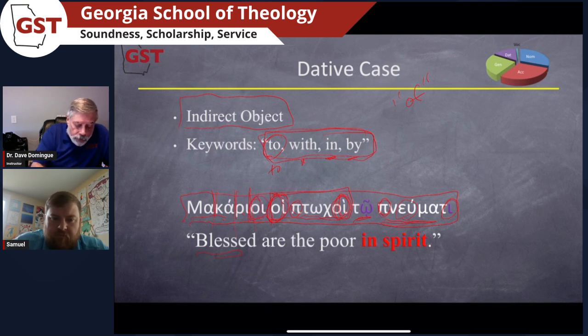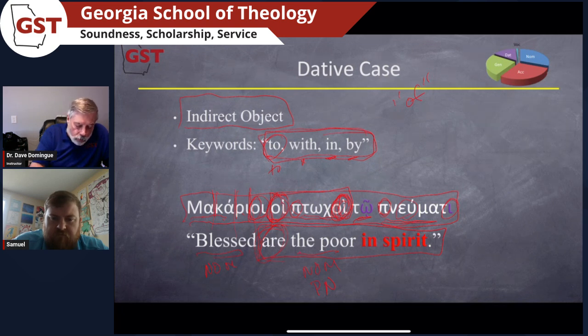There is no verb in this text, so you have a verb that is implied. This is our nominative, and this is our nominative. We called this last week the predicate nominative. Remember that? The predicate is the verb and everything after it. Because this is in the nominative, and it's after the implied verb, we add the implied verb: blessed are the poor.